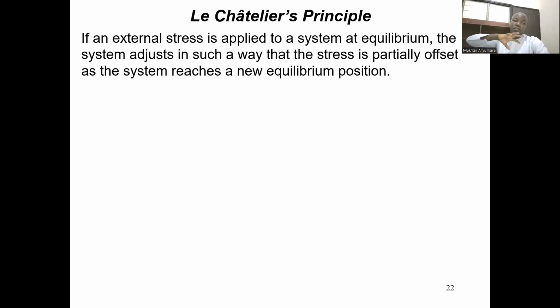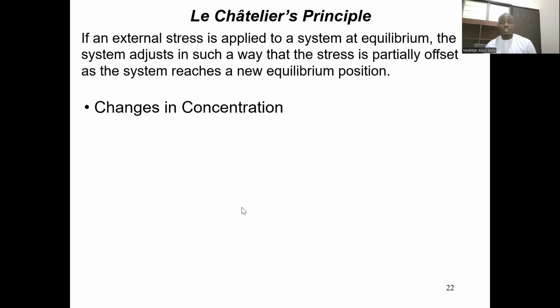So if an external stress is applied to a system already at equilibrium, the system will adjust in such a way that the stress is partially offset as it reaches a new equilibrium position, so as to maintain the balance.